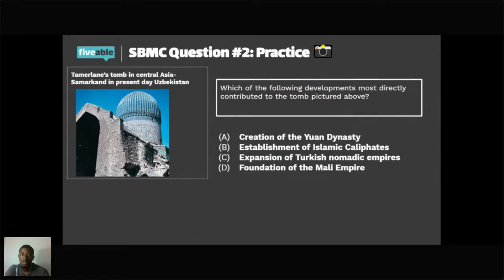And it says, which of the following developments most directly contributed to the tomb pictured above? Is it A, the creation of the Yuan dynasty, B, the establishment of the Islamic Caliphate, C, the expansion of the Turkish nomadic empires, or D, the foundation of the Mali Empire?